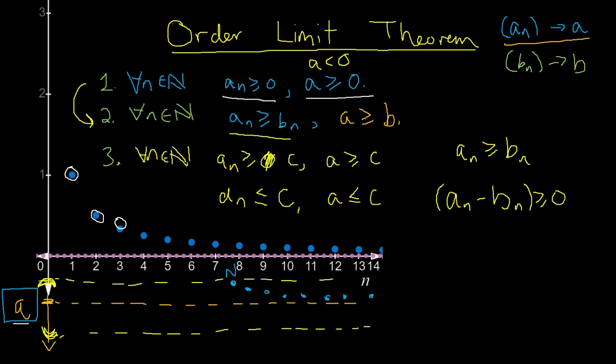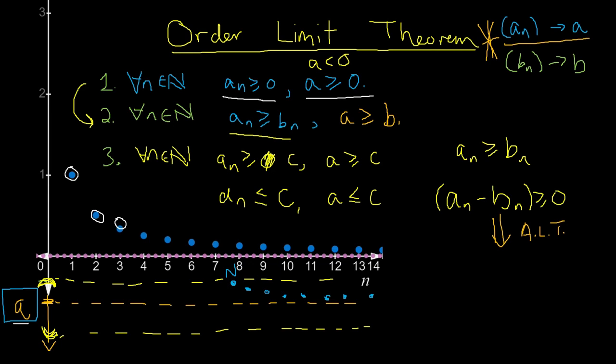Since this sequence is always greater than or equal to 0, by part 1 we know that the limit is as well, assuming that our sequences converge to a and b, as I did up here. We know by the algebraic limit theorem for sequences that the difference of limits is the limit of differences.